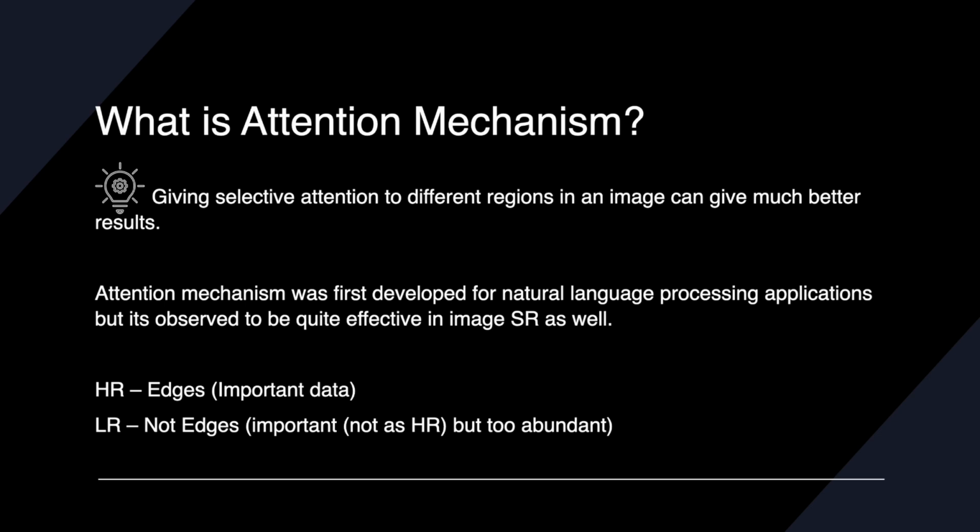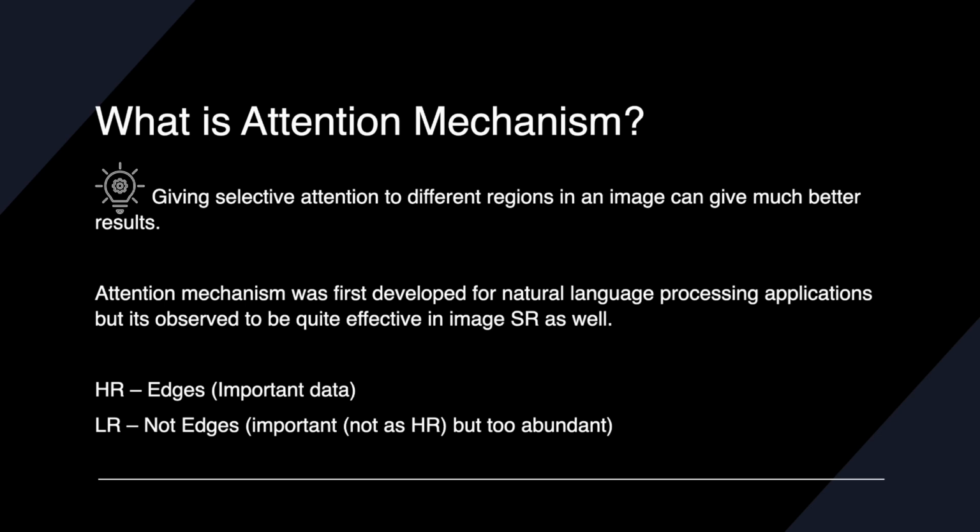So what happens is the high resolution data in the image, which will be the edges, is more important data and is paid more attention while the model is training itself, and the low resolution portion of the image where there is no edge, no texture, just filled color, the model does not pay much attention to it because there is no meaningful learnable extraction from it.